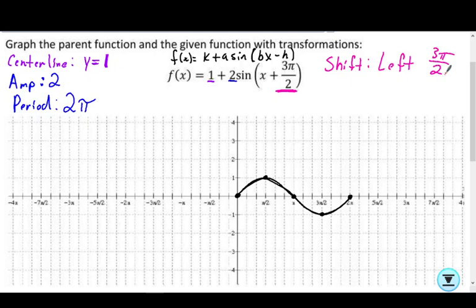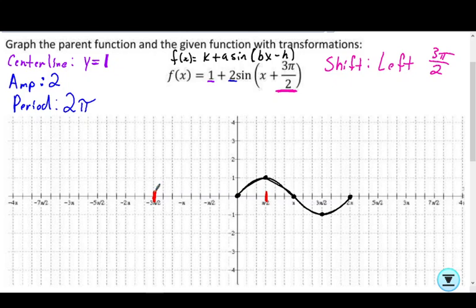Since I know it's been shifted over 3 pi over 2, I know that my wave is going to start here, and since my period's still 2 pi long, this is where my wave is going to end up.